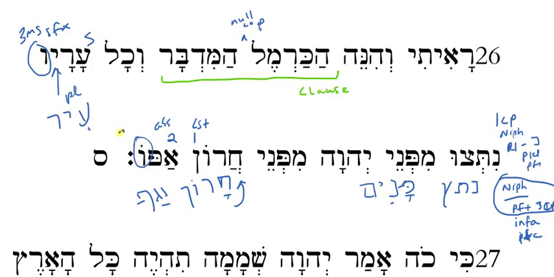And there's a 3ms pronoun here. So from the fury of his anger. Now, to speak of the fury of his anger is to use a superlative idea with this construct chain. It's to say something like, from before his burning anger or his burning fury. It kind of ups the ante. It's not just fury, but it's furious fury. Okay? So, God's judgment here.